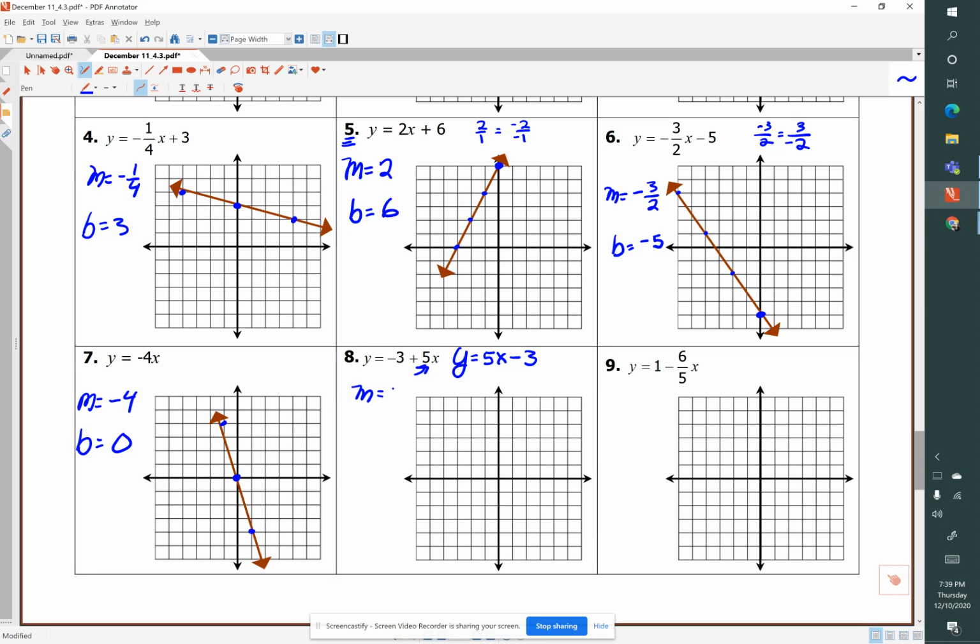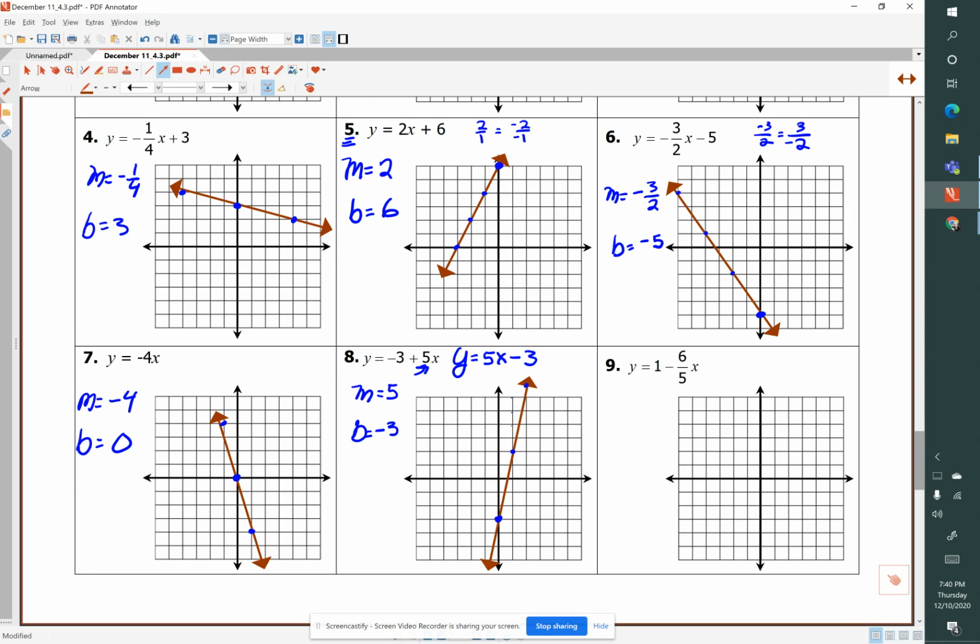So our slope is 5, and our y-intercept is negative 3. So we'll plot the y-intercept first, and we have a slope of 5 over 1: 1, 2, 3, 4, 5 over 1. And we'll plot that with a smooth line, and of course, arrows at the end of the line, indicating that the line goes on to positive and negative infinity.